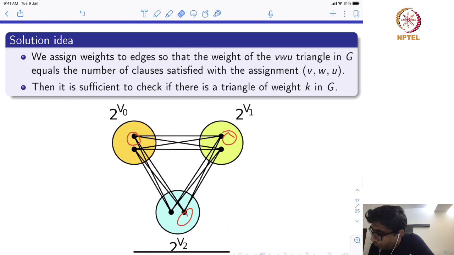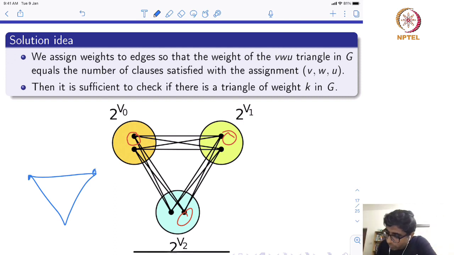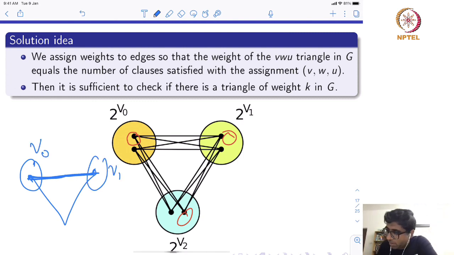So now look at this triangle, right. For an edge which starts here, think of it this way, that you will always give importance to V0. If you look at V1, you will look at an edge between V1 and V2.